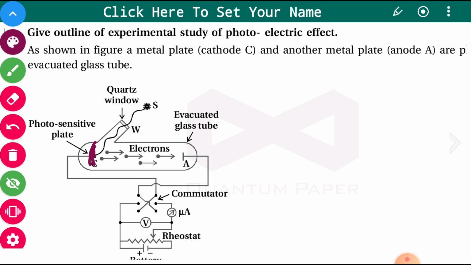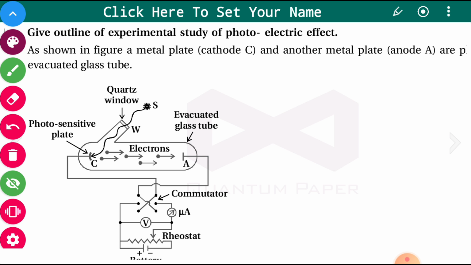When this C, that is the cathode, is connected to the positive terminal, then automatically this will come to the negative terminal, that is the collector, or anode. And if you connect this with the negative terminal of the battery with the help of the commutator, then this anode will be connected to the positive terminal of the battery. So by using this, we can change the polarity of the connection.